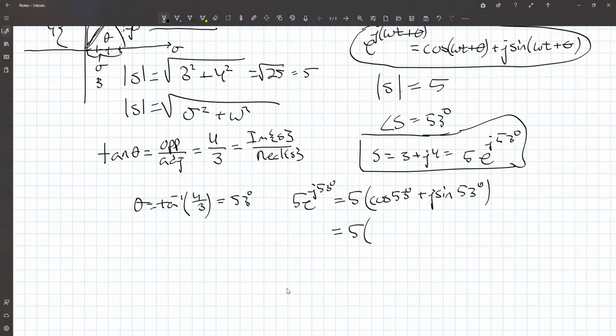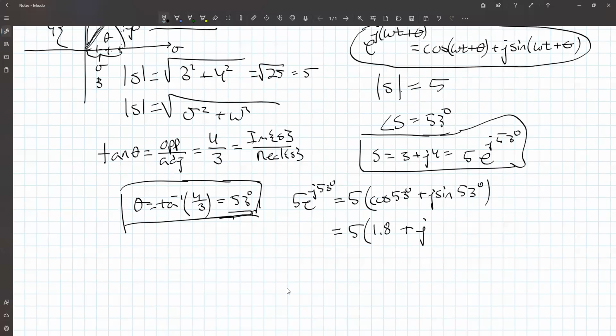It's going to be roughly 1.8-ish. And this was an approximation, just to let you guys know that it's about 53 degrees. And then plus j, and then you do that sine.